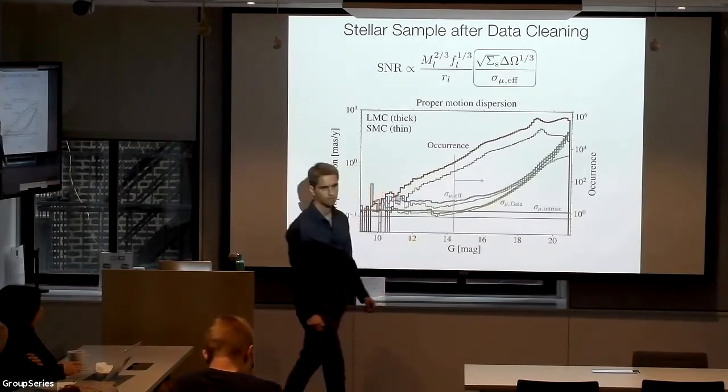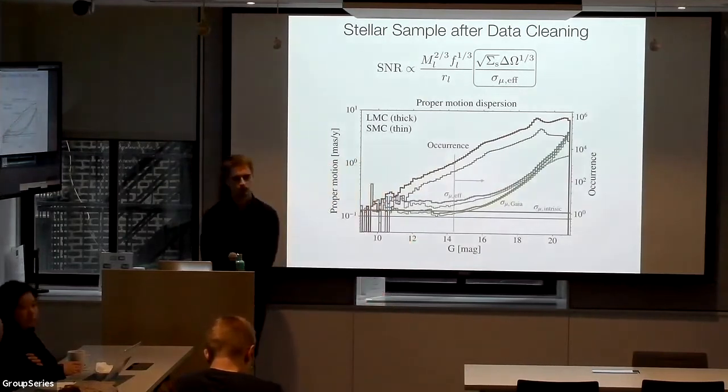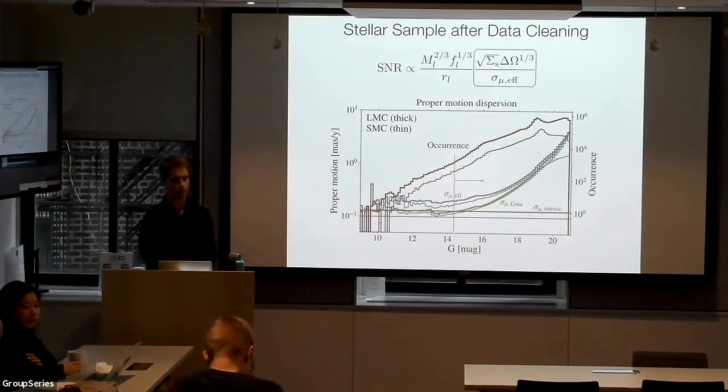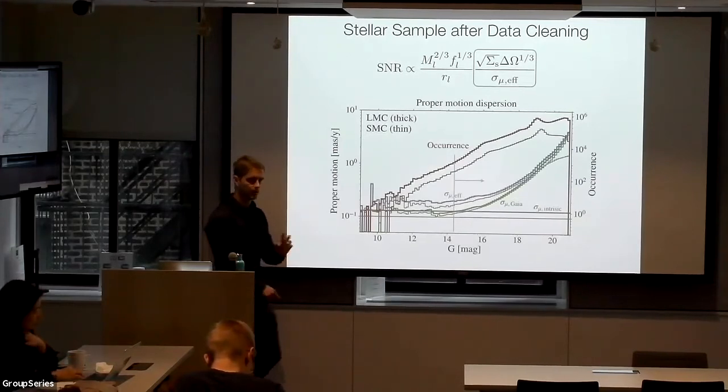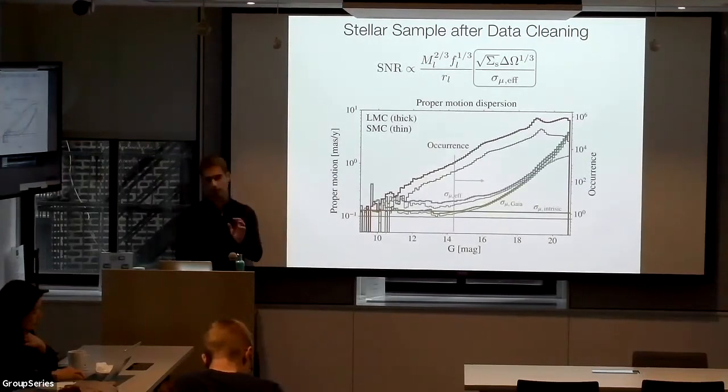So for a single template for localized sources, Gaia measurement errors, do you know whether they're correlated between the stars which are close? Or Gaia does not report correlations between the stars. But isn't it important for your analysis? It is important. At the moment, we don't have evidence of that effect. So there are large-scale correlations in the motions of even the quasars, which should not have any motion correlations.